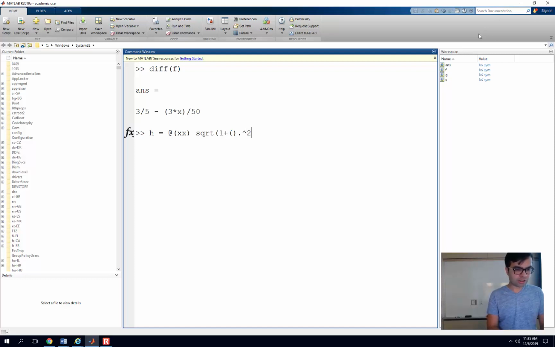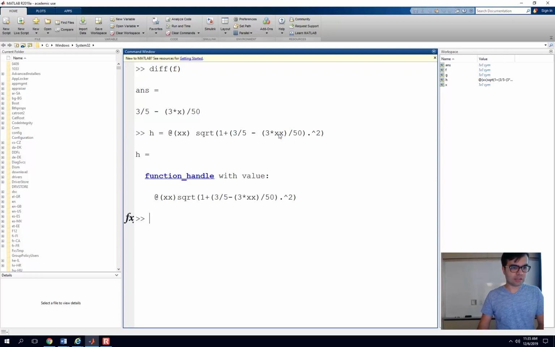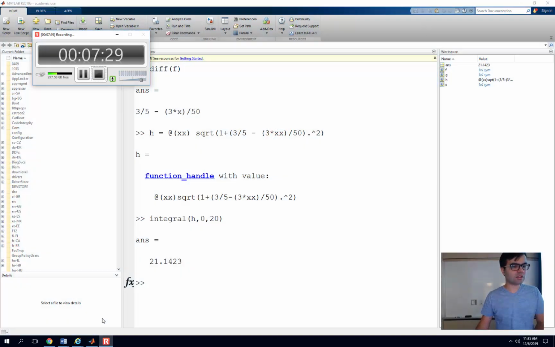I need a dot now because it's not an analytical solution, and f prime is this value, and it's a function of xx, so I define x as xx, and then I use integral of this h between 0 and 20. That's the same answer as I got before. So that's the numerical simulation, or numerical answer now.